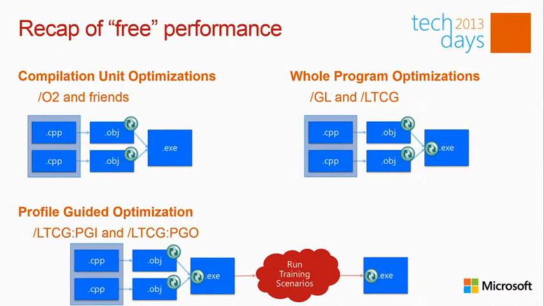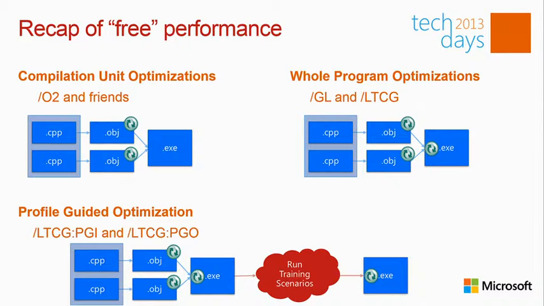So these were things that we had in the compiler. I want to say O2 forever, GL and LTCG we added maybe around 2003, I think. PGO we added in 2005. So most of you, who's using a compiler before 2003, Visual Studio 2003? One person, 2, 3, 4. Okay, we should talk after the talk.